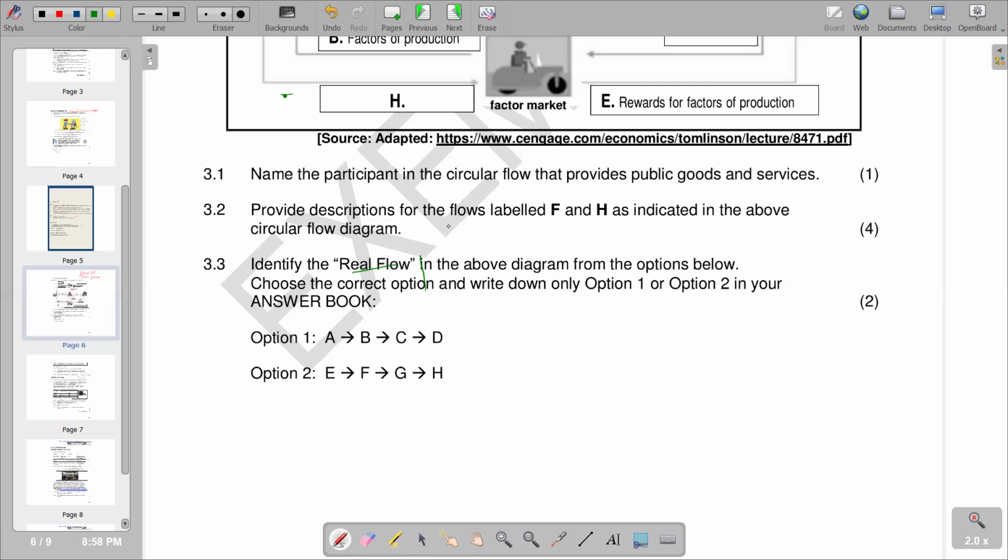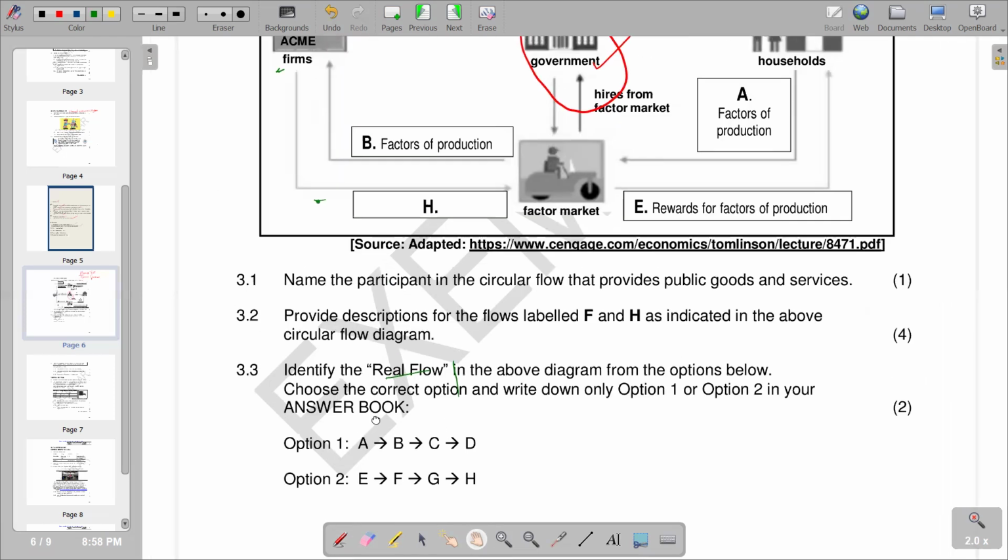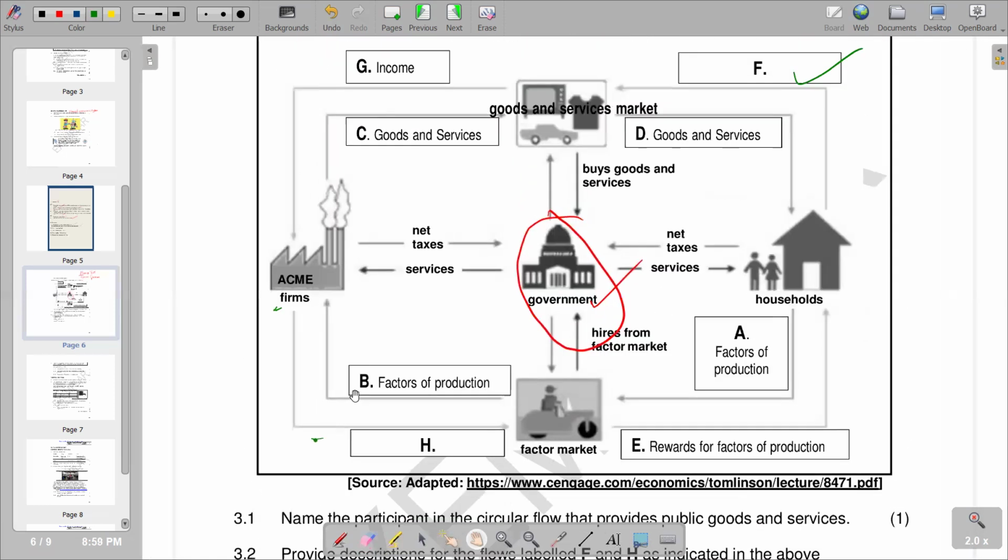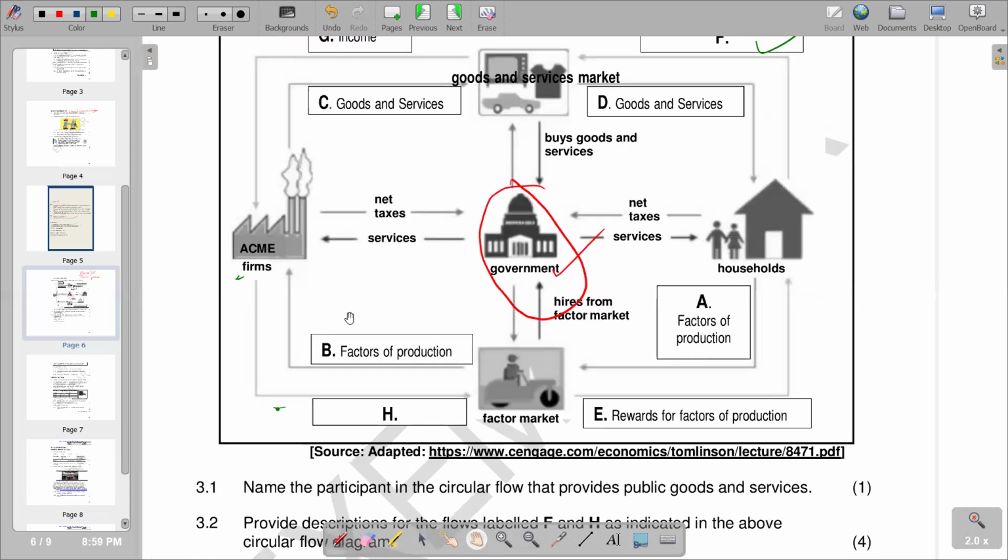So when you're having a movement of goods and services, we say it's the real flow. If we try to see what we have in terms of those components A, B, C, D. A, we try to locate our A is here, and we are seeing that on our A, we are having a movement from households to the factor market. So it's part of services, which is also a real flow.